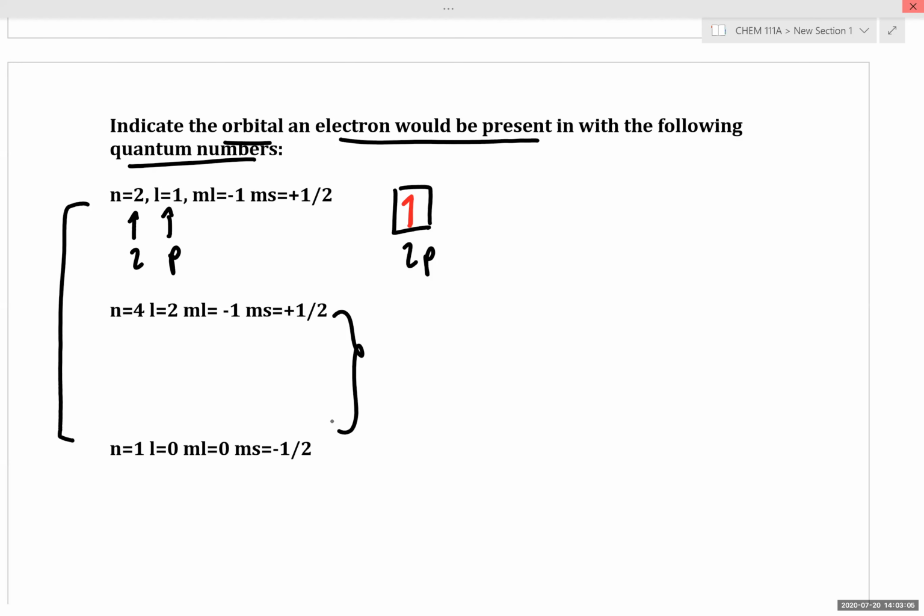And don't be shy to message me in the chat with your proposed response for each of these 2 sets of quantum numbers.